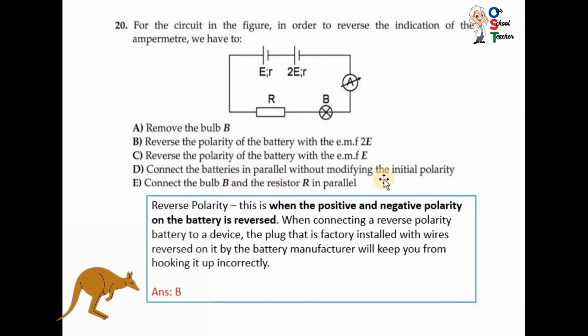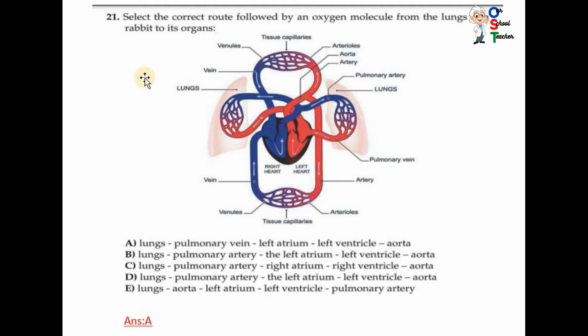No, we have to modify the initial polarity because we have to reverse it. Connect the bulb B and the resistor R in parallel? B and the resistor are not linked with reverse polarity, as these are not batteries. So 2E is directly linked with this device. So B is correct.